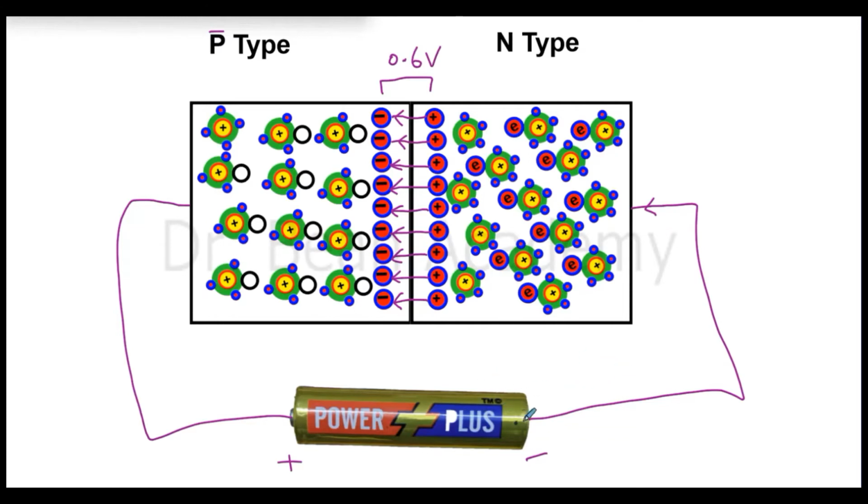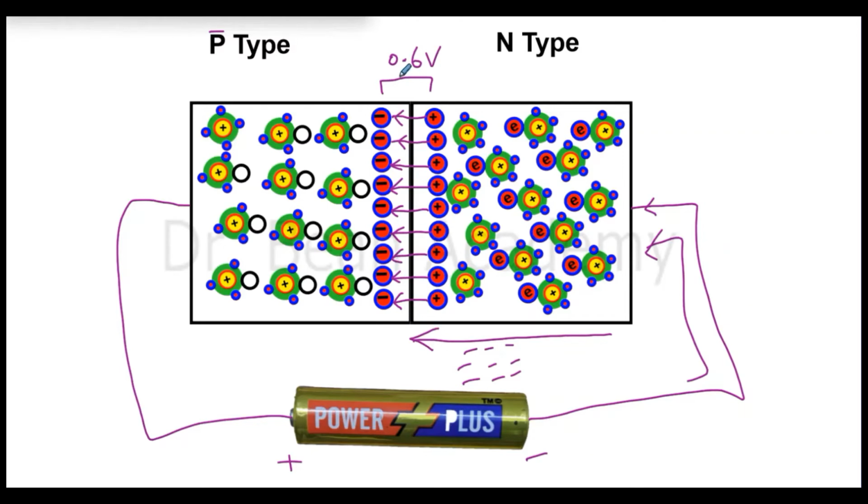See, the negative terminal of the battery is filled with negative charges, and these negative charges will push the free electrons in the n-type to move to the p-type side. However, they will face resistance because of this barrier.